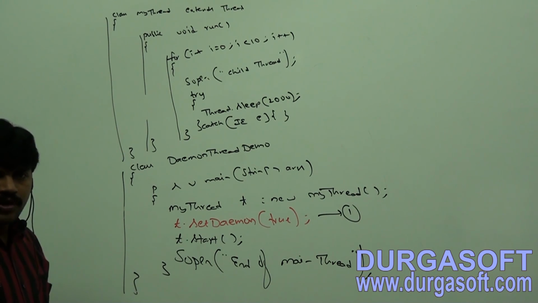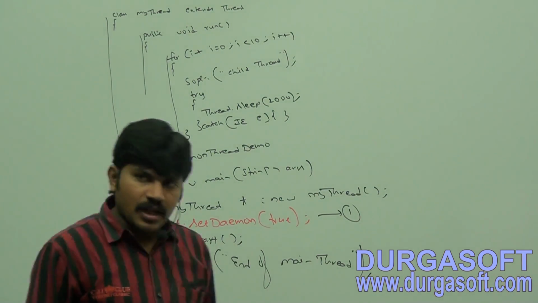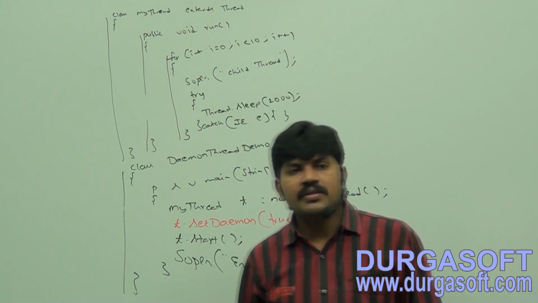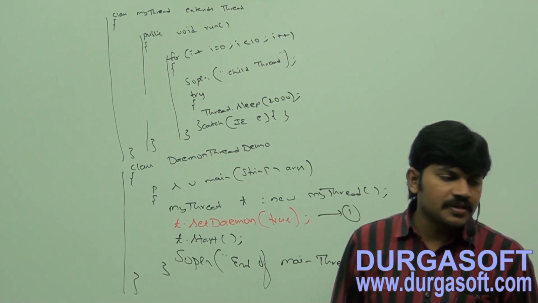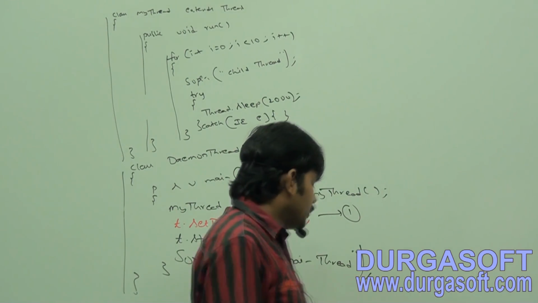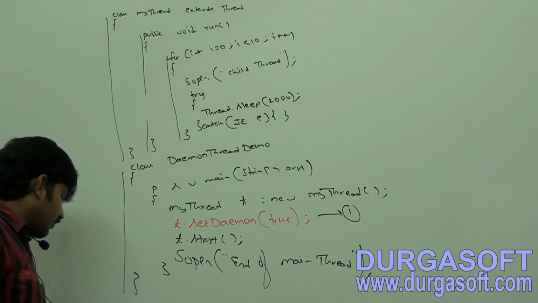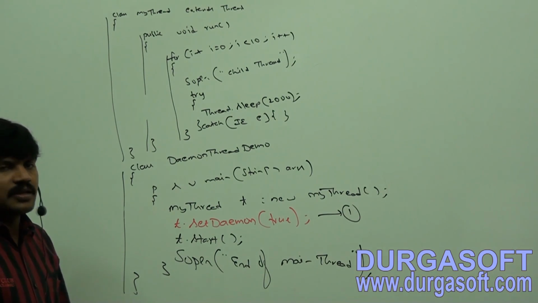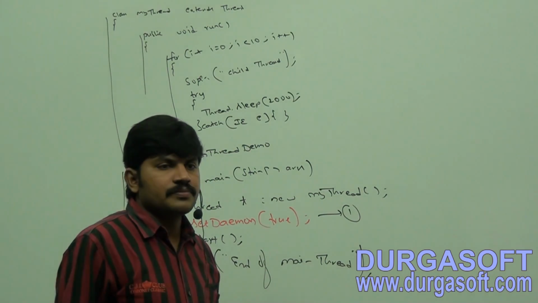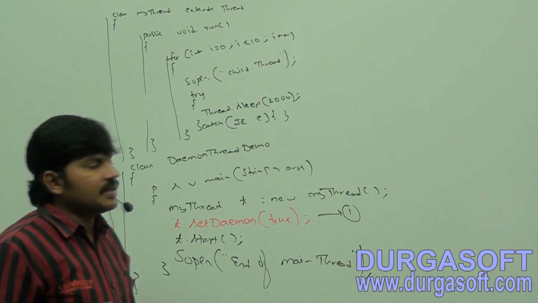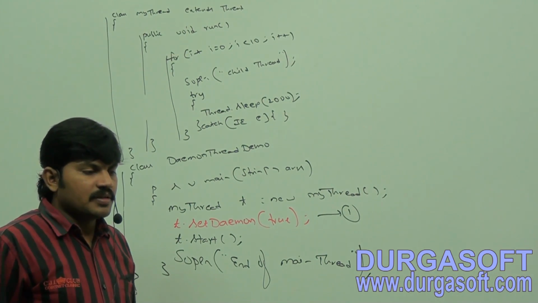Hence, whenever the main thread terminates, automatically the child thread will be terminated. In this case, the child thread will be terminated.